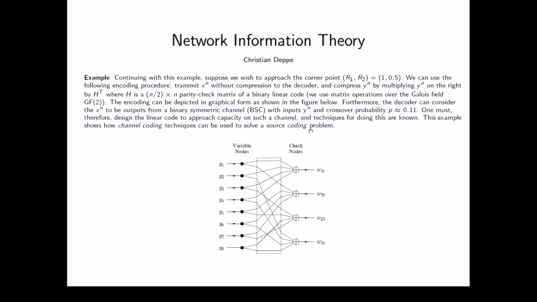And this example shows that we can use channel coding techniques for source coding problems. So again, the idea is to transmit xn without any compression, and for yn, we just transmit the check nodes. And we can practically do this by using a binary symmetric channel.